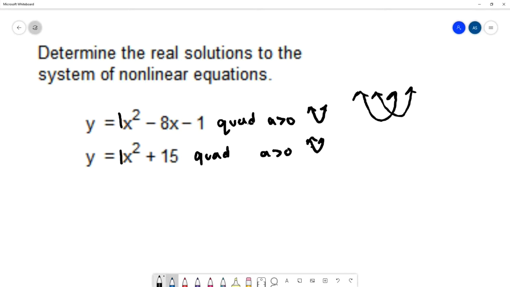So they might have one intersection point like this. I'm trying to think, maybe you could have one that's really wide and one that's really skinny, and that might give you two intersection points.